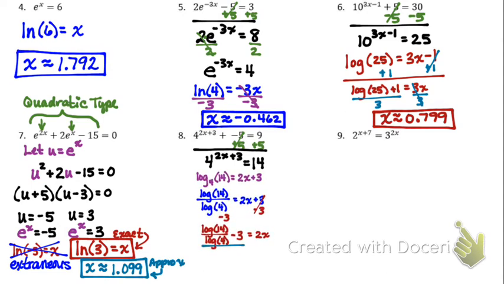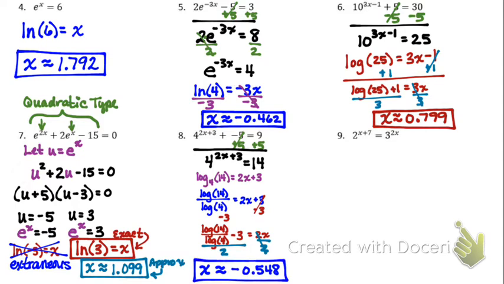And then I can stick it in my calculator. We're going to get our approximate solution here. Negative 0.548. Absolutely correct.